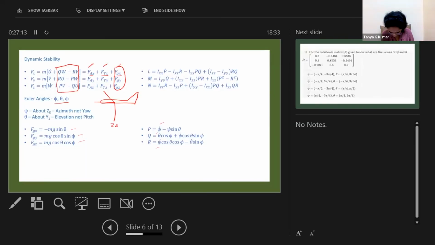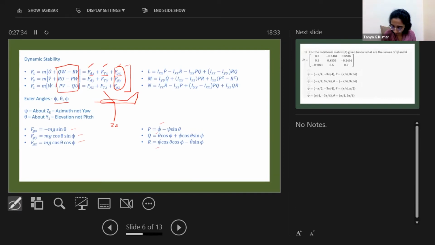So I think we'll begin with the questions. There was something else I wanted to discuss before that. Yes, these three equations are the final equations. If you take various conditions, like the analysis for steady state, steady state means there is no change with respect to time.